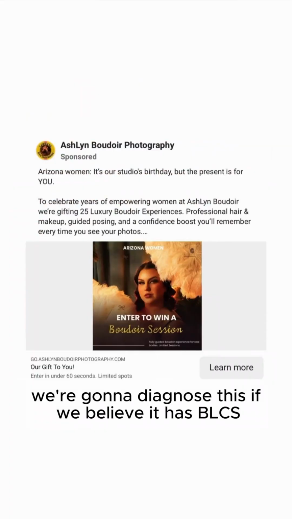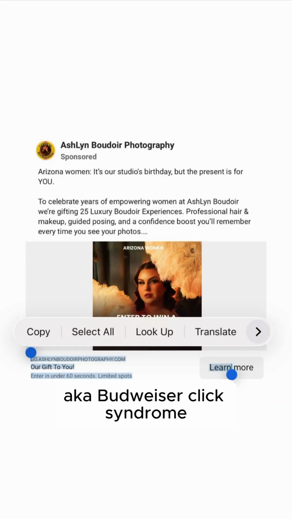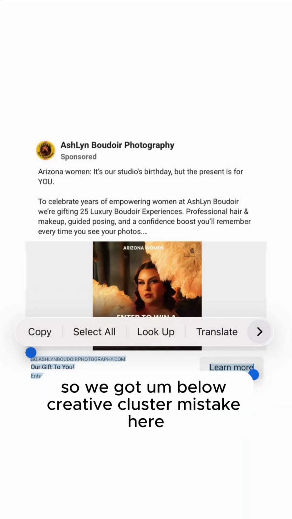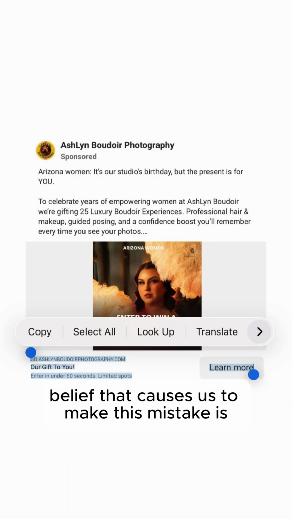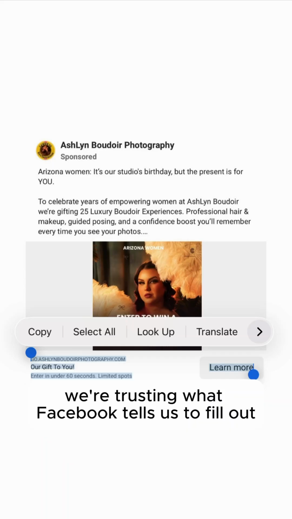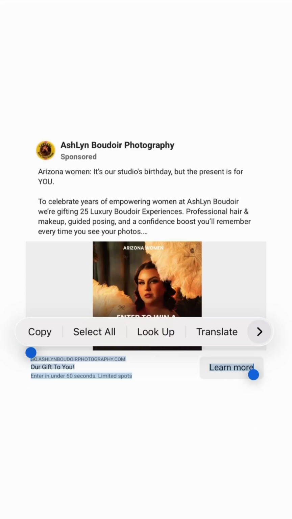Now we're going to diagnose this if we believe it has BLCS, aka Boudoir low click syndrome. So we've got a below creative cluster mistake here. The false belief that causes us to make this mistake is we're trusting that what Facebook tells us to fill out when creating our ad is actually what we should fill out.